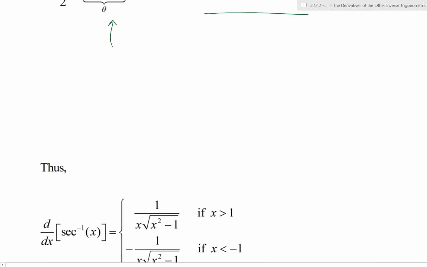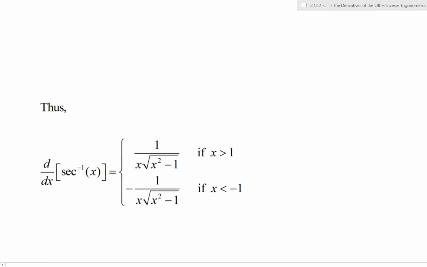And thus, we finalize our result by this piecewise way of defining the secant inverse derivative, and that is it's going to be 1 over x times square root of x squared minus 1 if our x is bigger than 1, right? That's where that tangent will be positive.